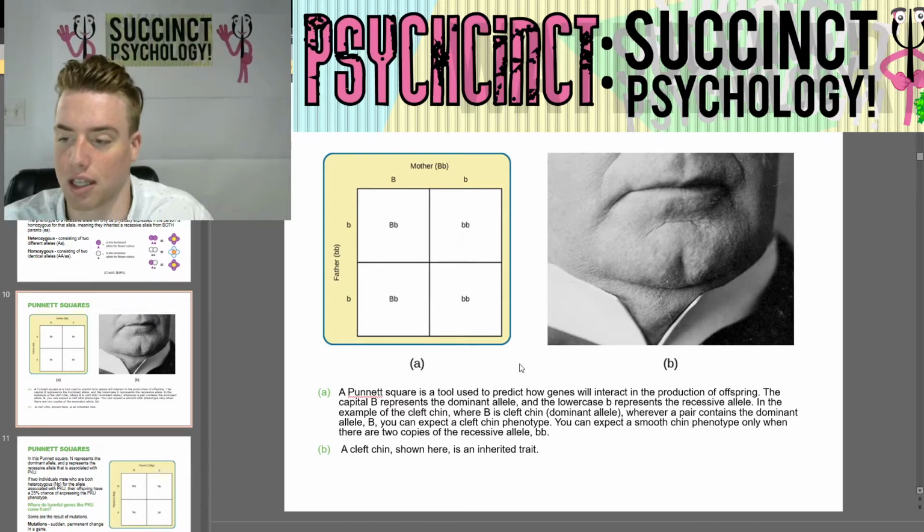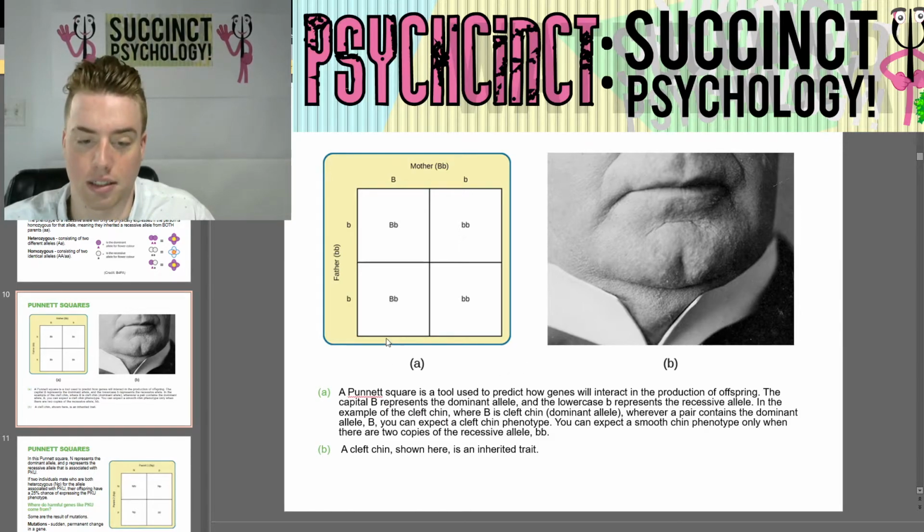In the example of the cleft chin, where dominant, capital B, is cleft chin, wherever a pair contains the dominant allele B, you can expect a cleft chin phenotype. And again, phenotype is the physical things that you can see. You can expect a smooth chin phenotype only when there are two copies of the recessive allele, lowercase b, lowercase b. In this figure, you can see the cleft chin is shown here, and it's an inherited trait.